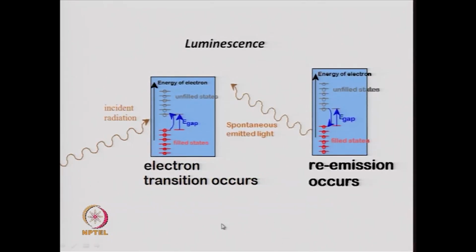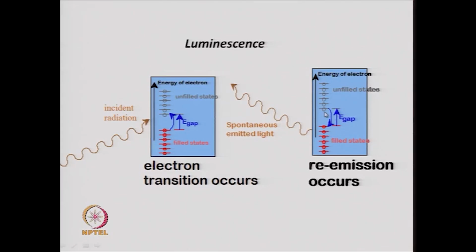Now, looking at luminescence, that is, once radiation is absorbed. You have incident radiation, and these are energy levels in which the filled states are shown, and then there are these empty states, and this is the energy gap. If you shine light and there is an absorption of energy, then electrons from the filled states will go to the unfilled states, and this is what happens when light is absorbed.